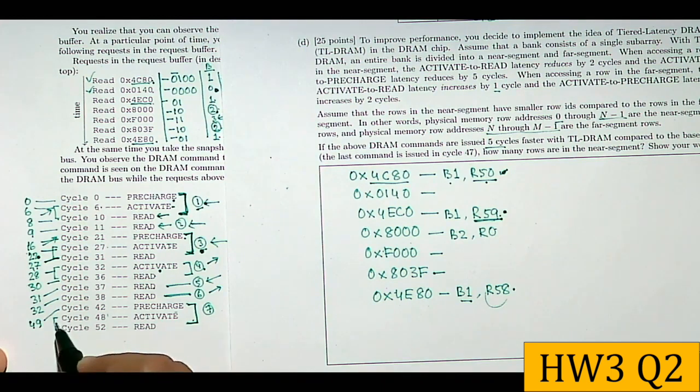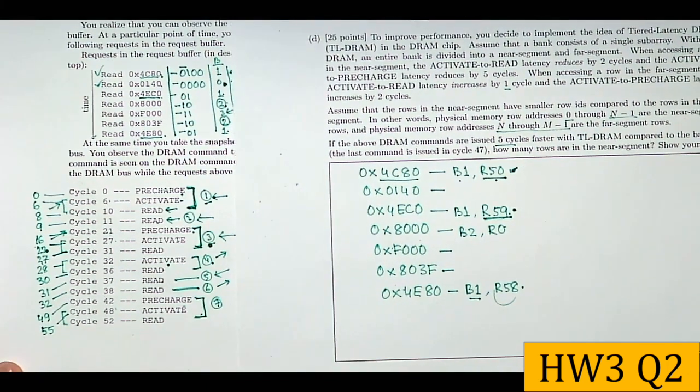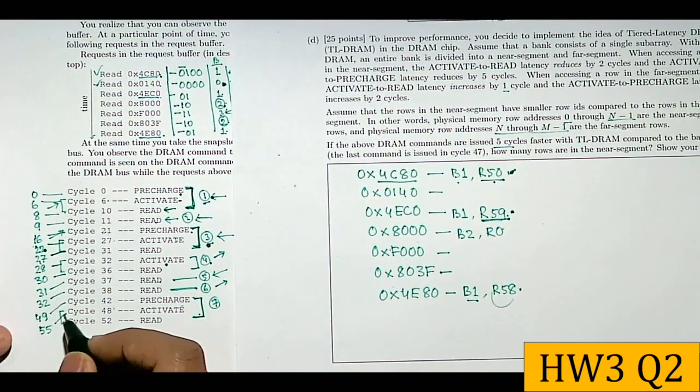Okay, now pre-charge to activate, it's 6 cycles. So I'm already passing. Did I do something wrong? Which one? You added 17 to 32, which is not right. You added your activate to pre-charge latency to the wrong value. Oh, I'm so sorry.